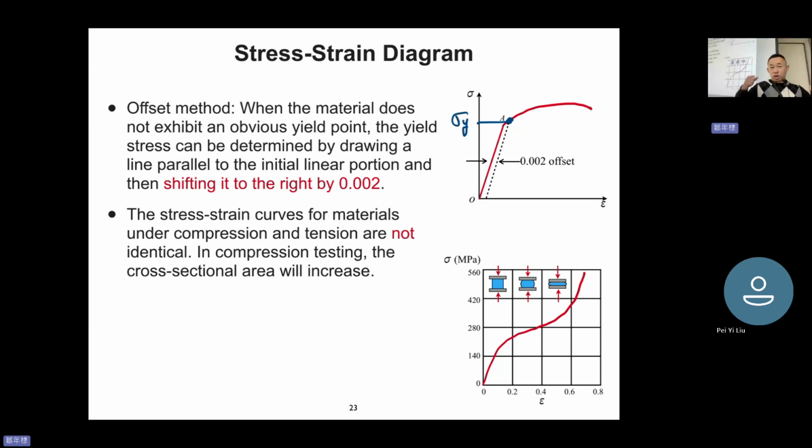Steel is good at tension but bad at compression, while concrete is good at compression and bad at tension. These two materials combined together let us build really tall buildings in the modern city.